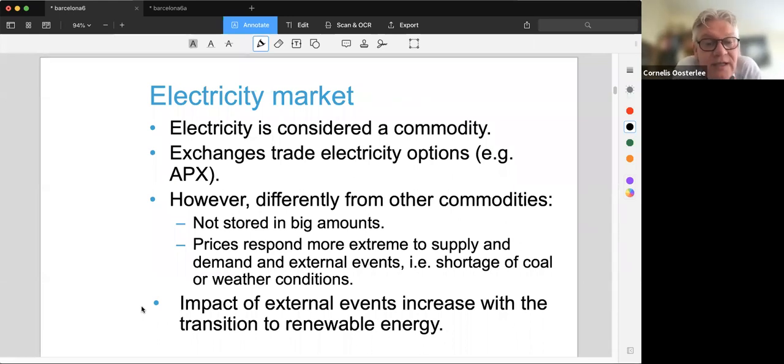However, electricity is a little different from other commodities that I've just mentioned. It cannot yet be stored in big amounts, and therefore prices respond more extremely to supply and demand and to external events like a shortage of coal or weather conditions. We typically see them back in the prices. And the impacts of external events even increase with the transition to renewable energy.